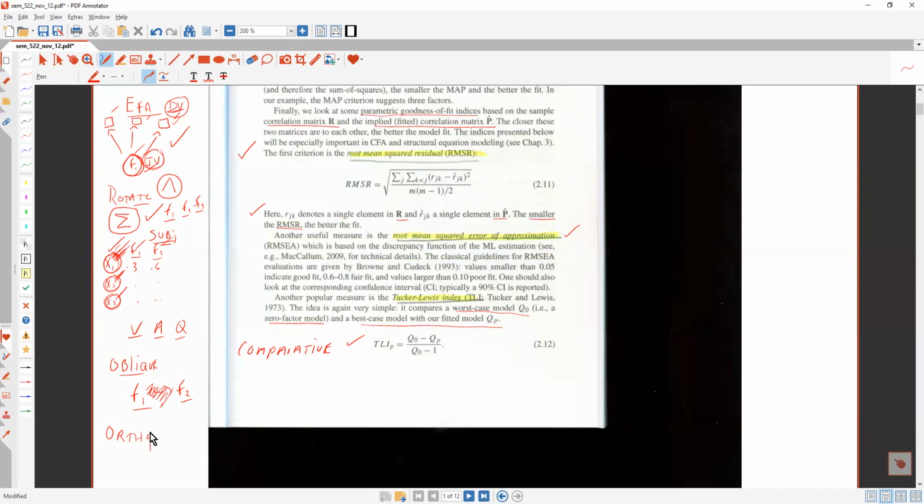Let me just repeat that. When we do an orthogonal rotation, we're not allowing these things to correlate. So there's no correlation possible between F1 and F2. That's not the same thing as deciding that there's no correlation in nature. So maybe F1 and F2 are correlated in nature.